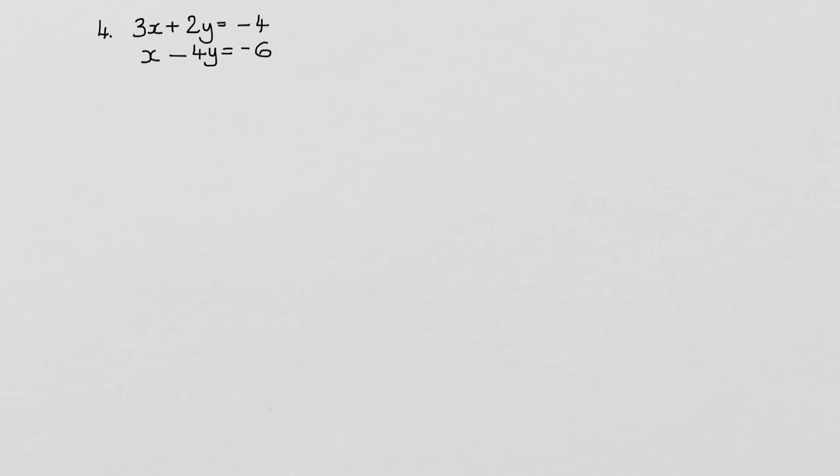The second method you can use to solve simultaneous equations is substitution. So changing our second equation, we're going to rearrange it so that we have something in terms of x. So x equals minus 6 plus 4y. So we can substitute all that into our top equation.